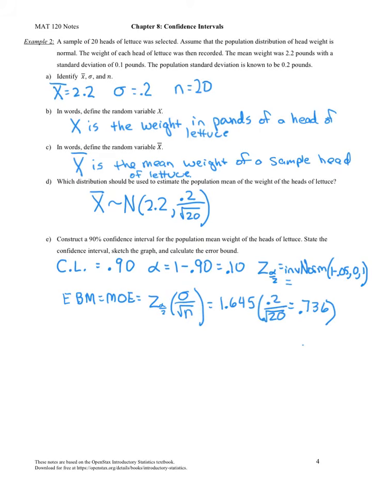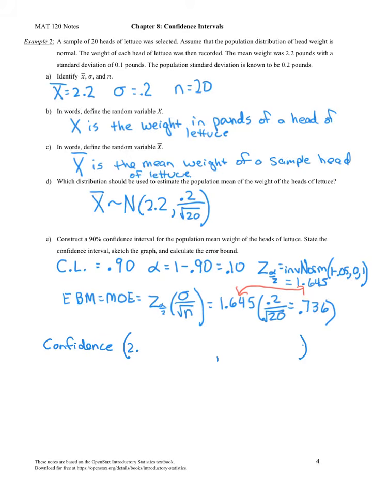When I plug in the inverse norm to the calculator here, I do get 1.645, which is where this z-score came from, right here. If we go ahead and construct our confidence interval now, remember we need to find a lower bound and we need to find an upper bound.